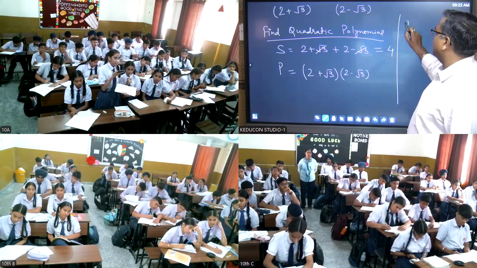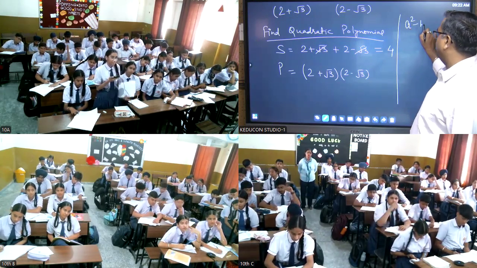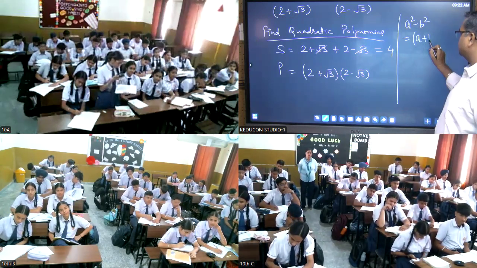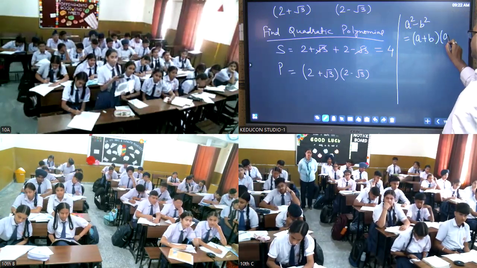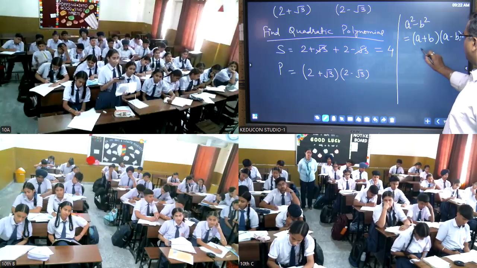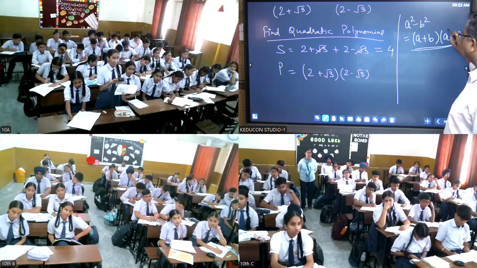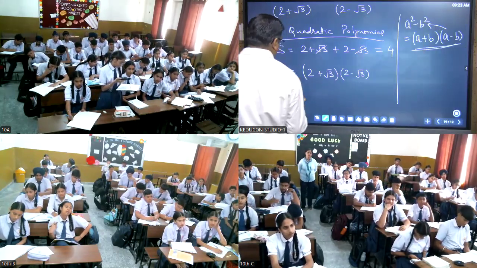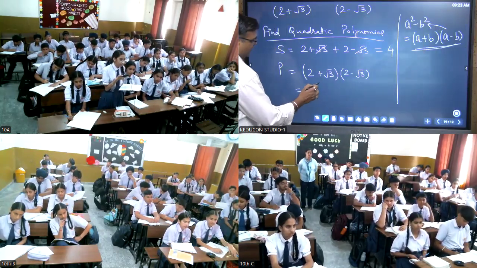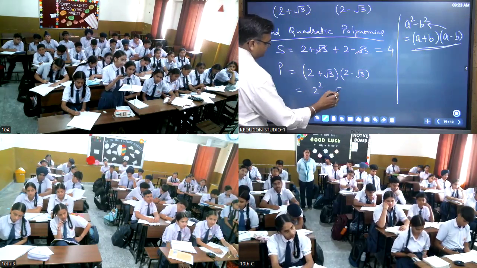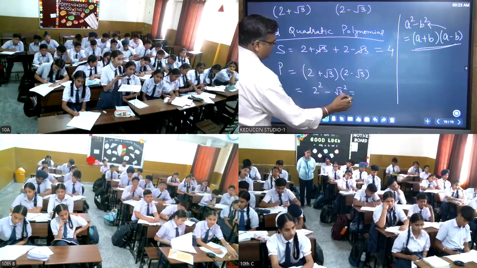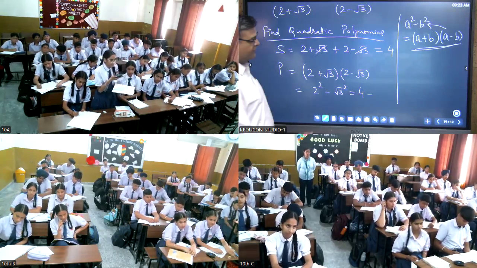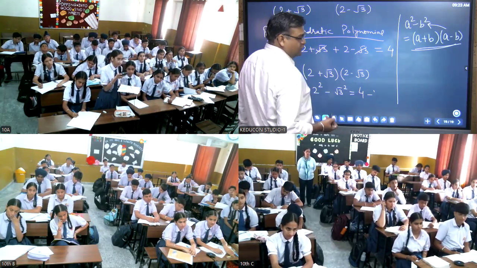Here we have applied the identity a square minus b square, which is equal to a plus b into a minus b. Now the product is given in this form, so we have to convert into this form. So what is a here? 2. So 2 square minus under root 3 square, which is equal to 4 minus 3. What is the square of under root 3?